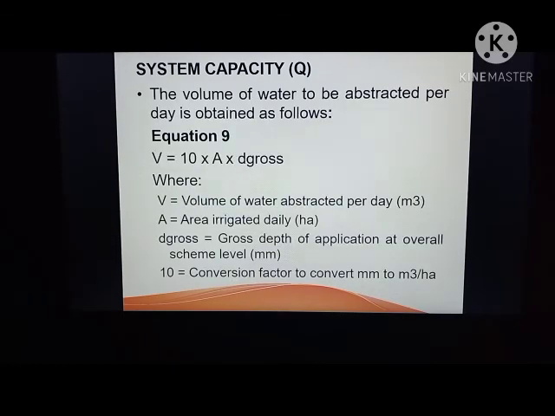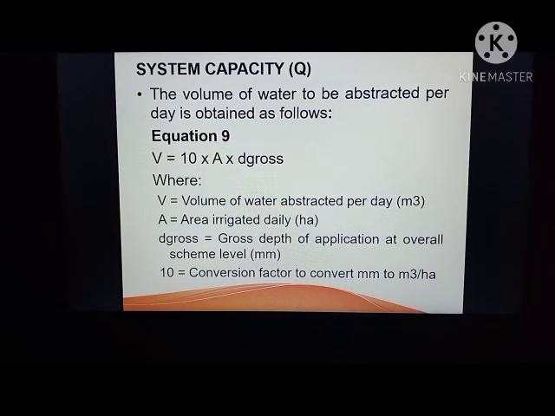where the volume of water to be abstracted per day is obtained as follows. The equation is V is equal to 10 multiplied by A multiplied by D gross, where V is equal to volume of water abstracted per day, which is in the unit of cubic meter, and A is equal to area irrigated daily, measured in hectares.